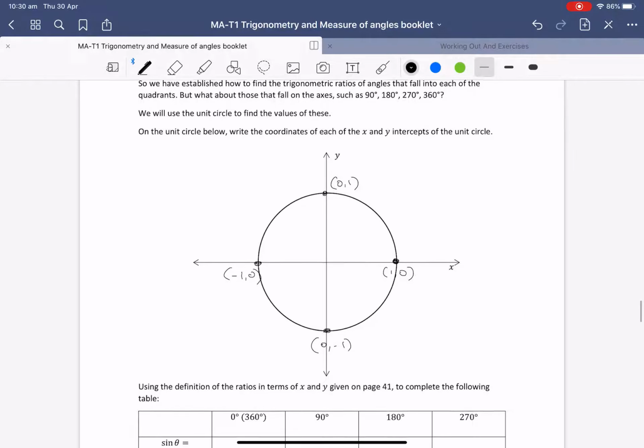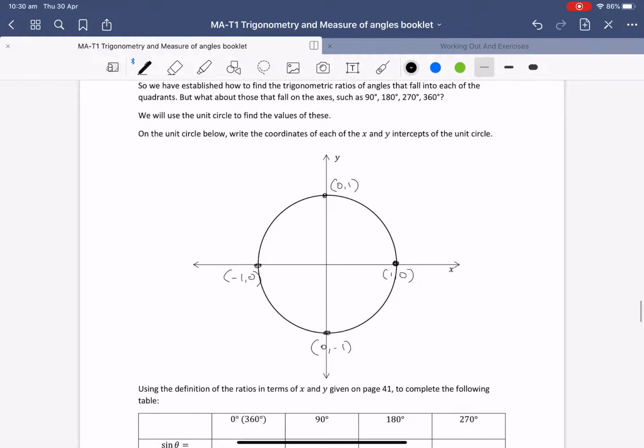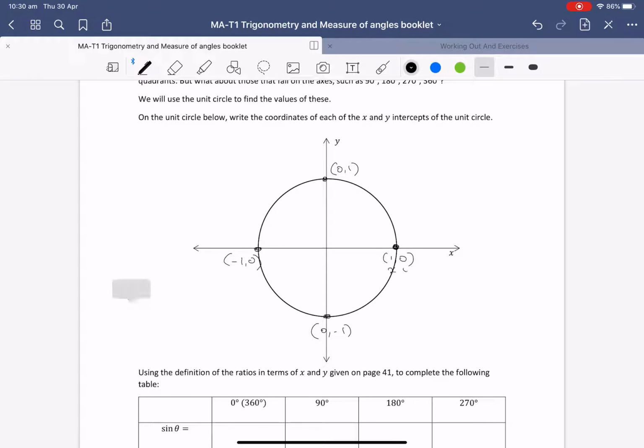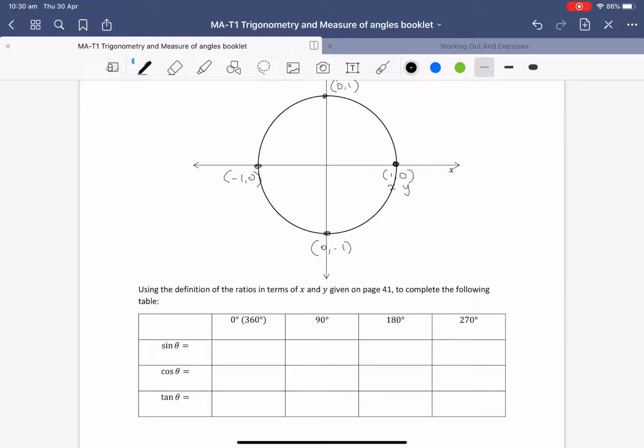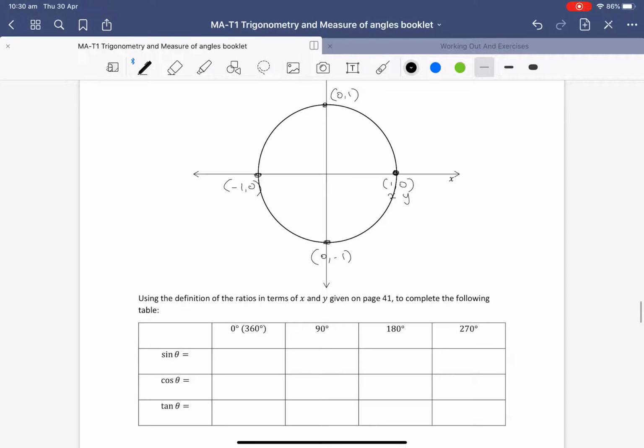Remember that the coordinates are x, y. All right, and remember, cos theta is x, and sine theta is y, and tan theta is sine over cos, so y over x. Looking at this coordinate, x is 1.